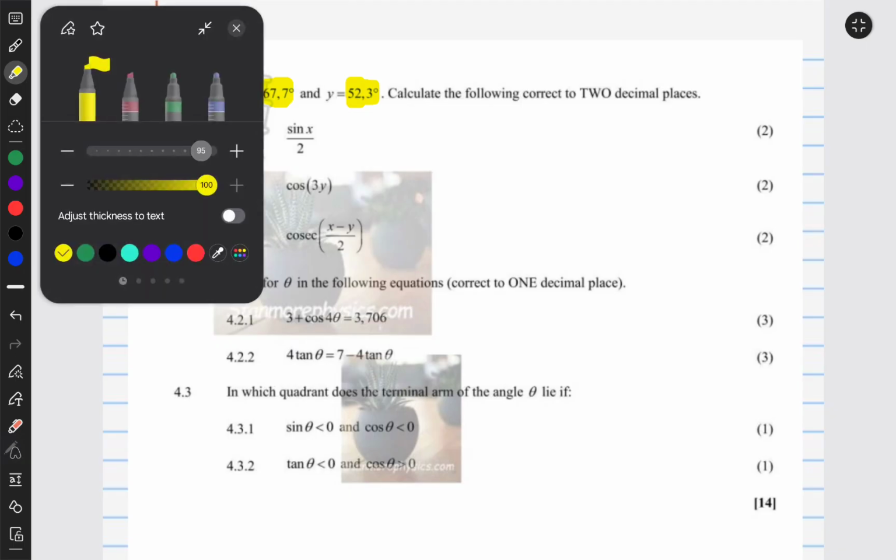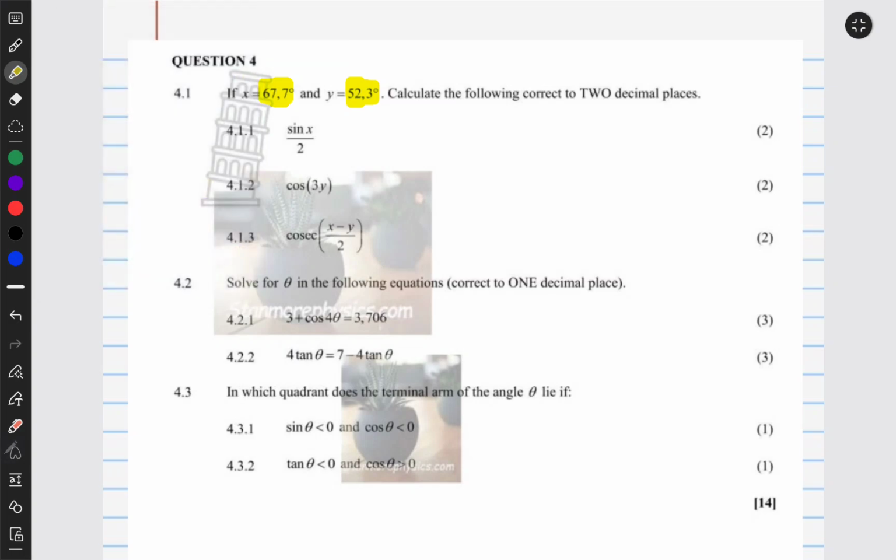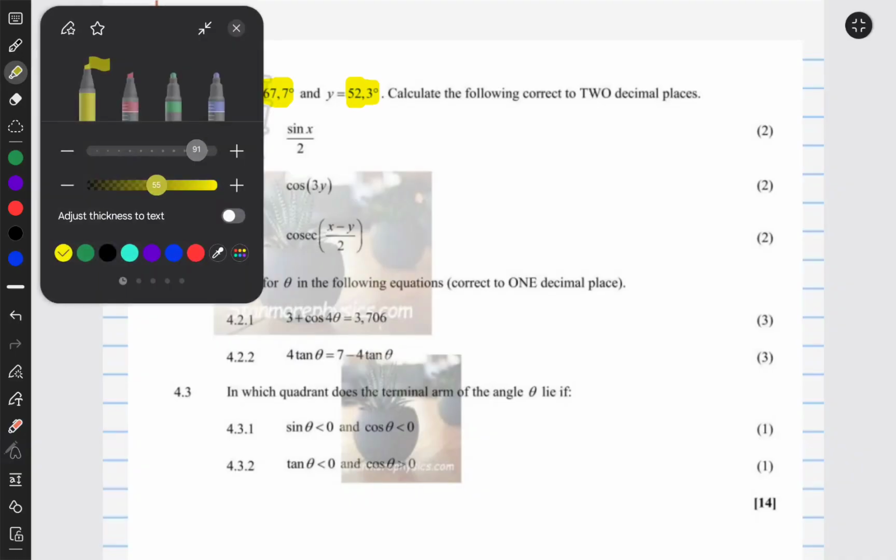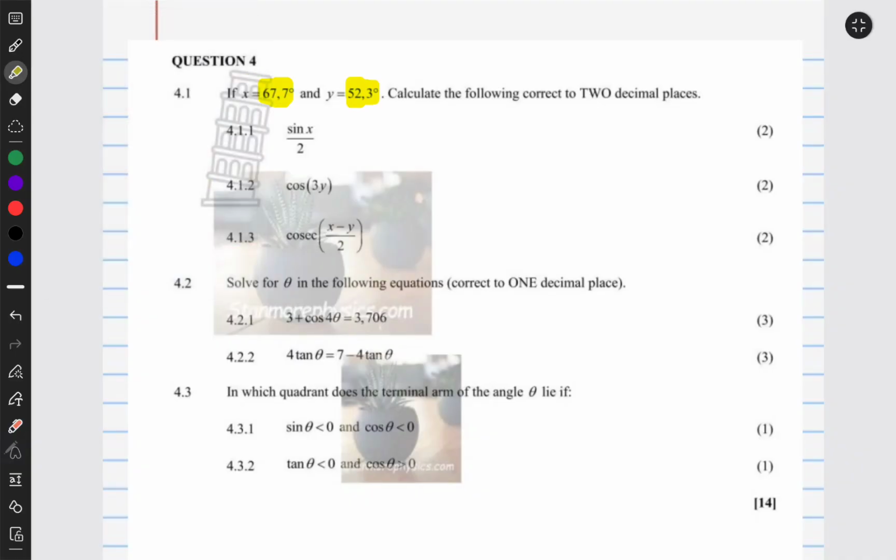So with these trigonometric questions, once they tell you that the answer is going to have some decimals, just know that you will have to use a calculator. But if the answer doesn't have decimals, then that's when we employ special angles. Okay, so correct to 2 decimal places.